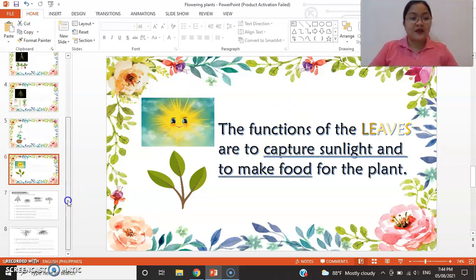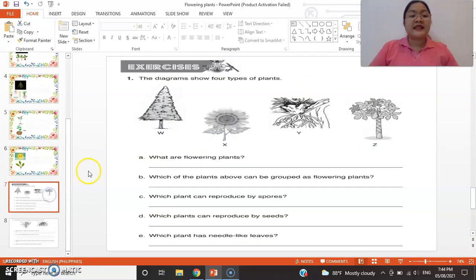Alright, very good. So now let's try to answer your workbook. Can you please open your workbook on page 13? The diagram shows four types of plants: plant W, plant X, plant Y, and plant Z. So letter A, what are flowering plants?